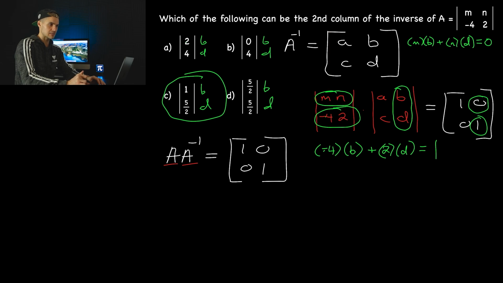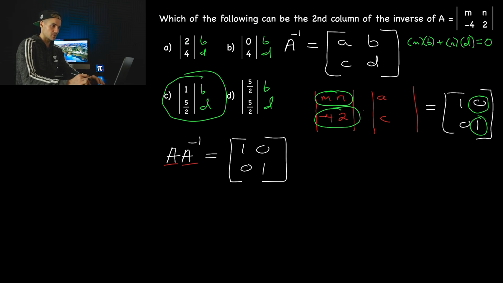Okay, so basically one more time to show you what's happening. If we actually put this column into the inverse, this 1 and 5 over 2, again, we don't know what M and N is, so we can't test it by taking the first row, multiplying it by the second column, seeing if it equals 0.